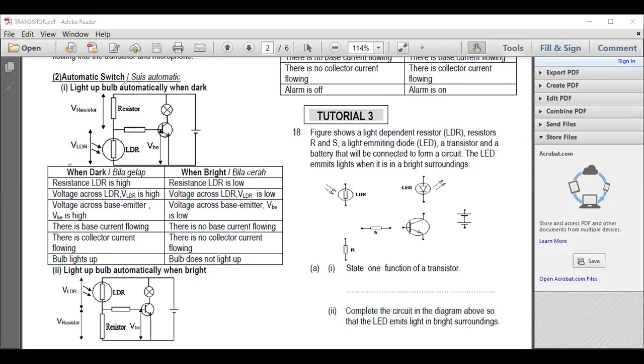The actual name is light dependent resistor. When it's dark, the resistance is very high. When it's bright, the resistance is very low.